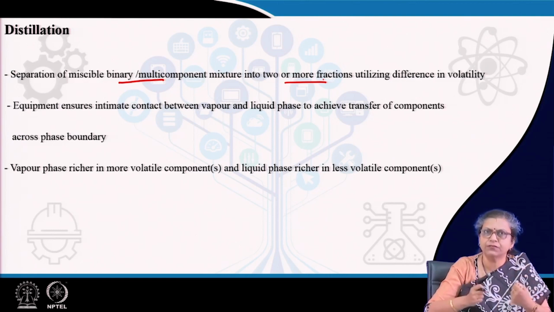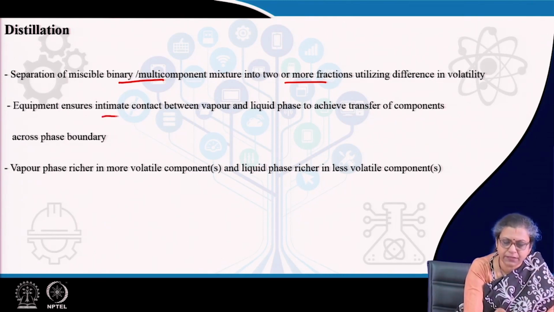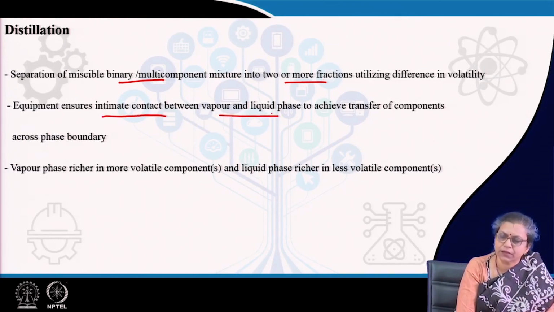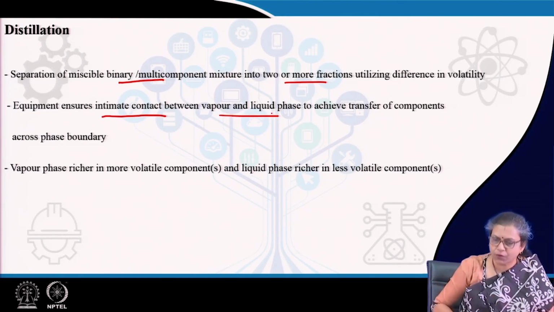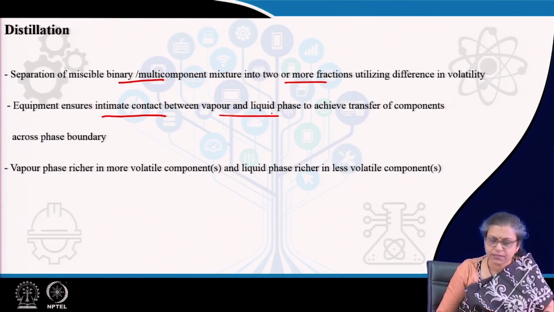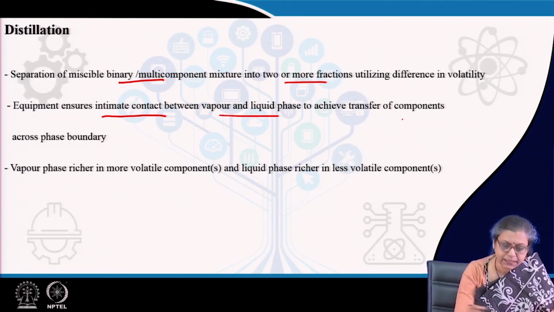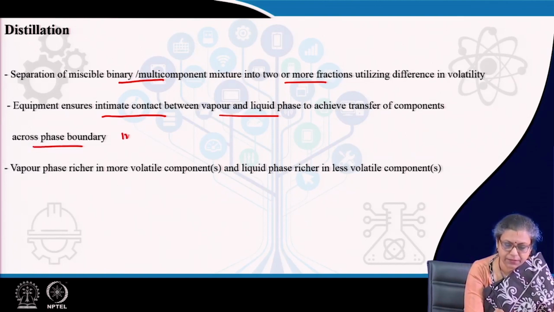After creation of the two phases, the equipment ensures intimate contact between the vapor and liquid phase. When there is an intimate contact, what happens? There is transfer of components between the two phases, and this transfer occurs by interphase mass transfer, right.